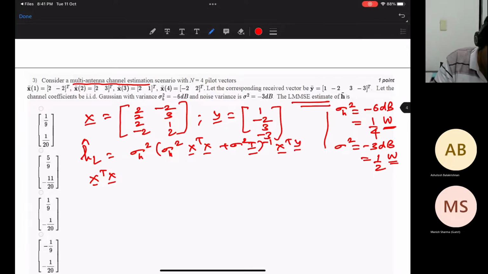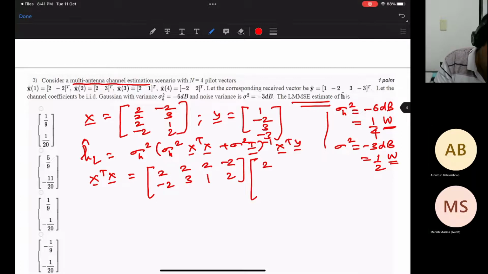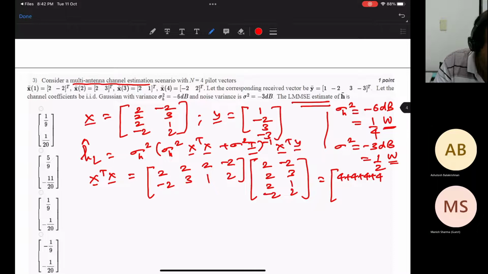X transpose X is basically, let's do that. 2, 2, 3, 2, 1, minus 2, 2 times 2, minus 2, 2, 2, minus 2, 2. If you solve this, you will get 4 plus 4 plus 4 plus 4.